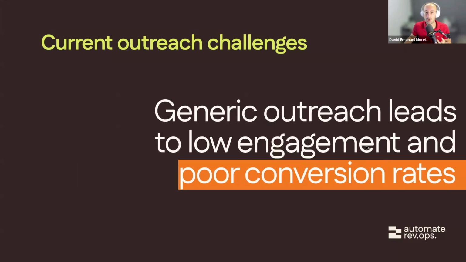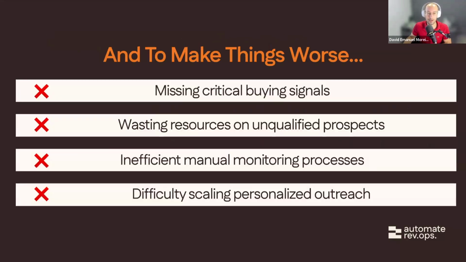Generic outreach leads to low engagement and poor conversion rates. That's also a consequence of not targeting leads that are hot or that are actively looking for a solution like yours. And what's even worse is that you are missing critical buying signals that your competitors are not missing. So probably you have an opportunity to improve your conversion rates there.